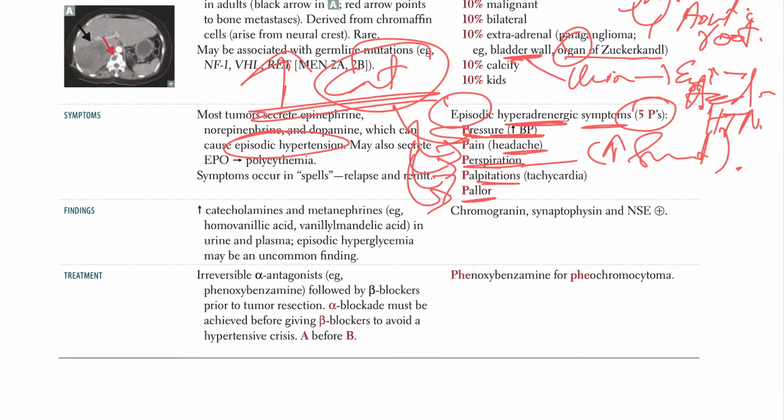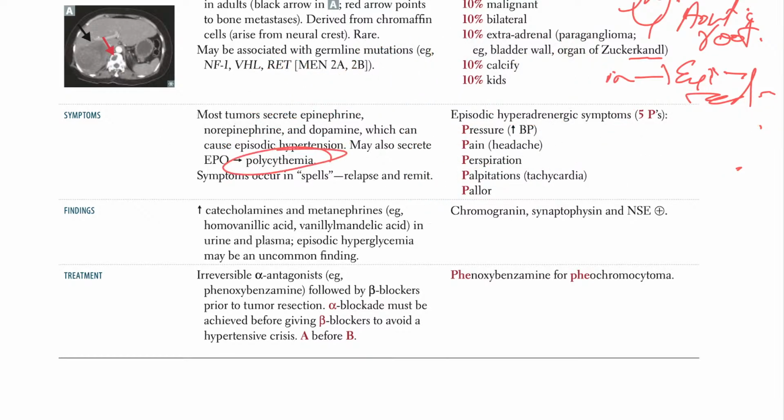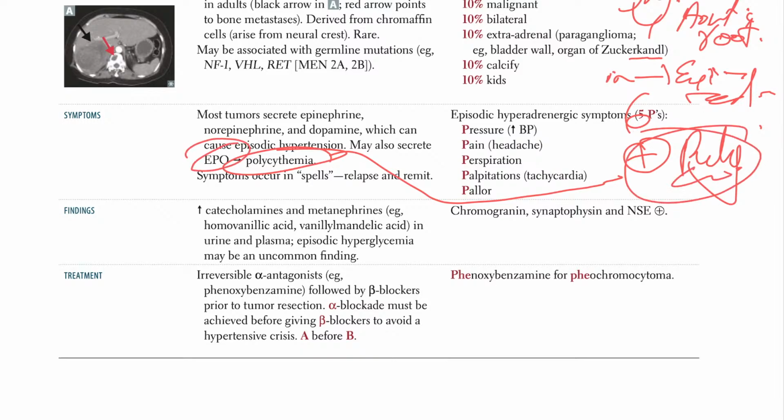On top of this, just add one more P, which I don't know why they did not, which is polycythemia. So 6 P's essentially plus polycythemia, due to the fact that they also secrete EPO.